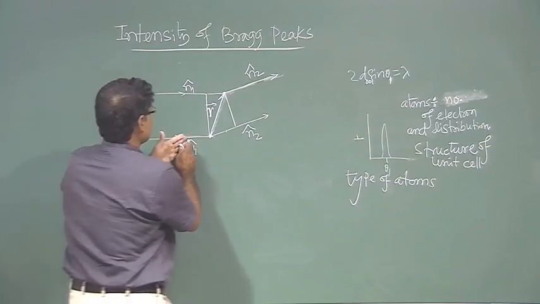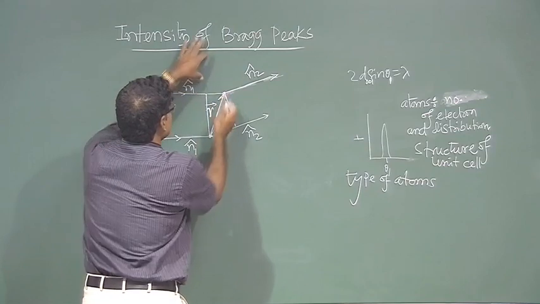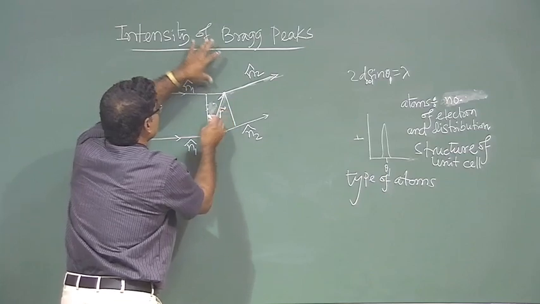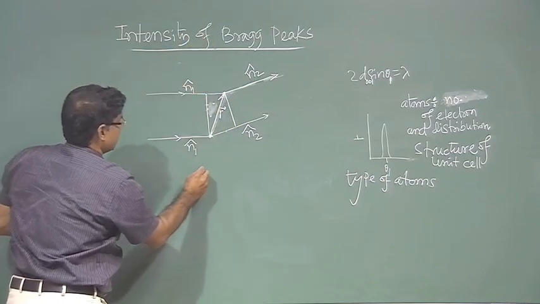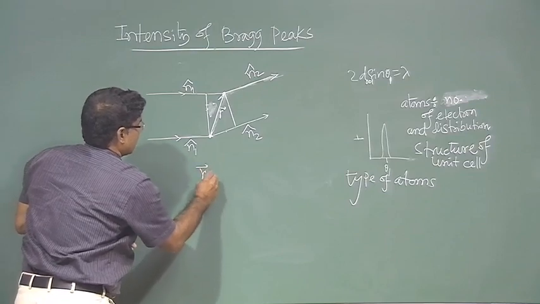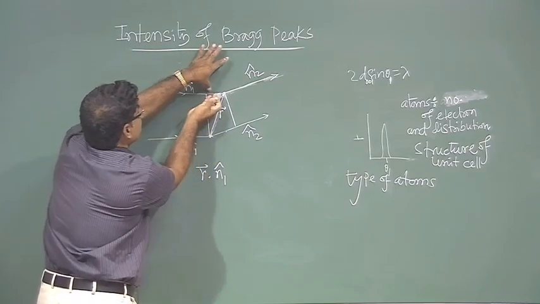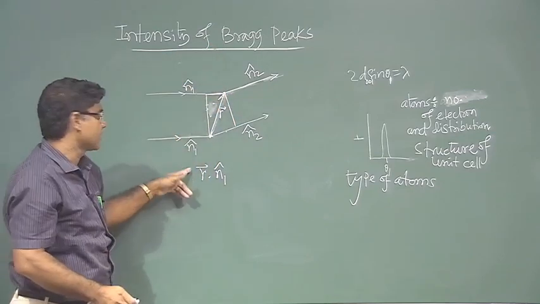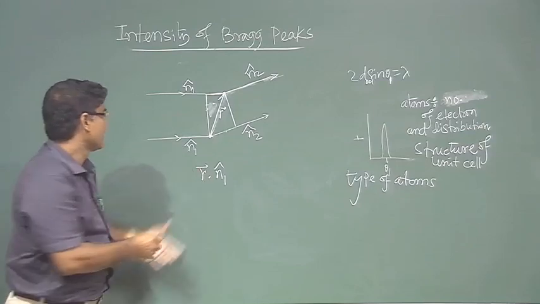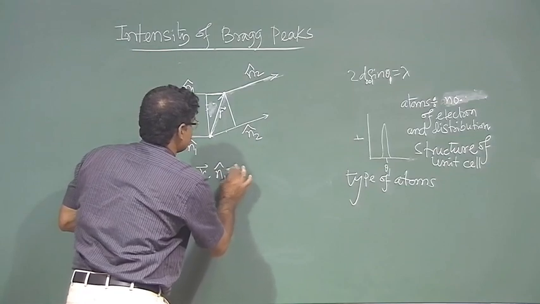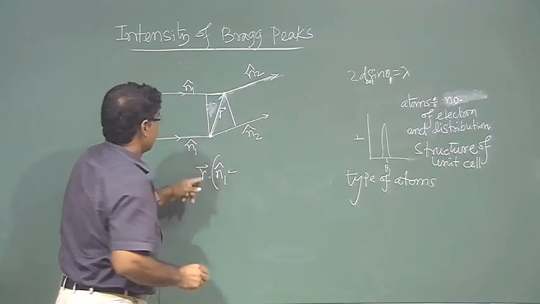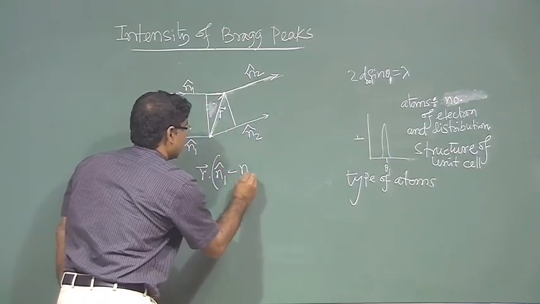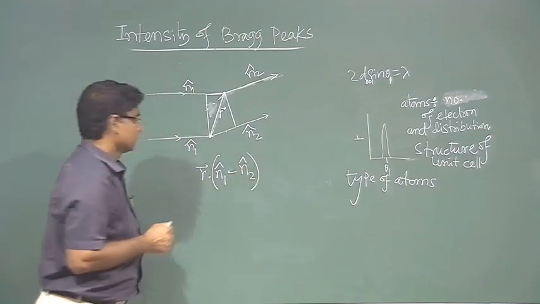So, if it is the unit vector in this direction, then if you take r dot n1, right, you will get the projection of r on this direction, as we discussed earlier. So, this minus r dot n2, okay.